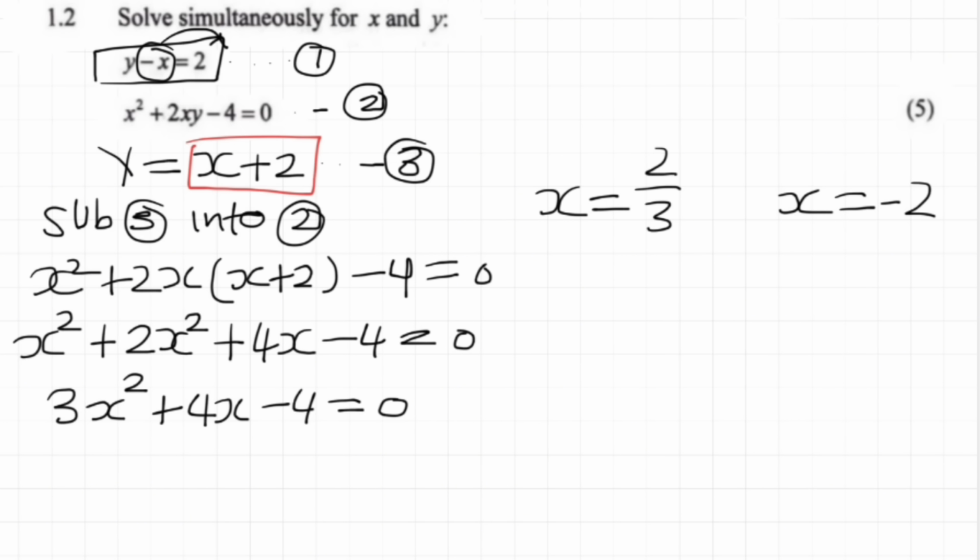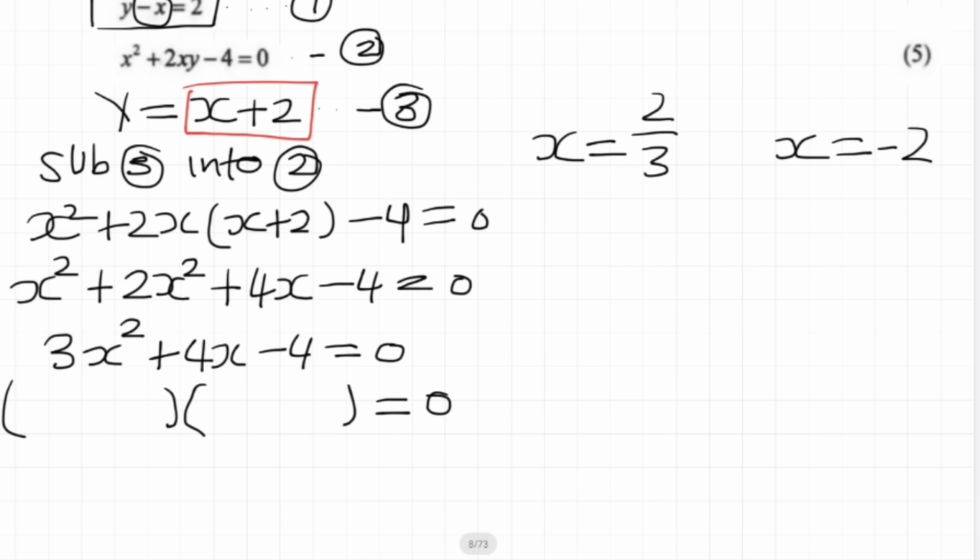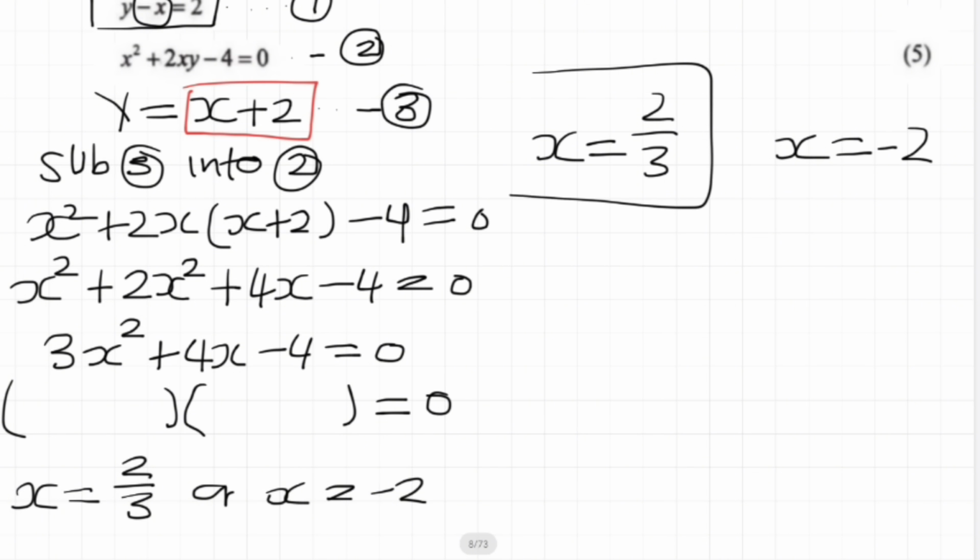So after finding this, what you can do is open brackets here and try to reverse those factors that you found, because you already know the final answer is going to be x equals 2 over 3, or x equals negative 2. So here you just need to use the quadratic formula, write your answers down, and reverse those numbers as factors.